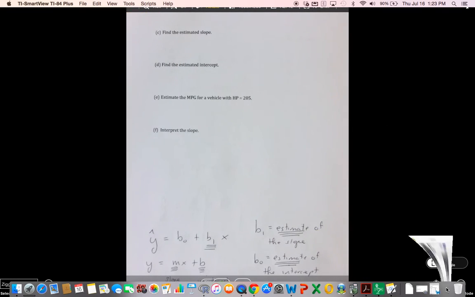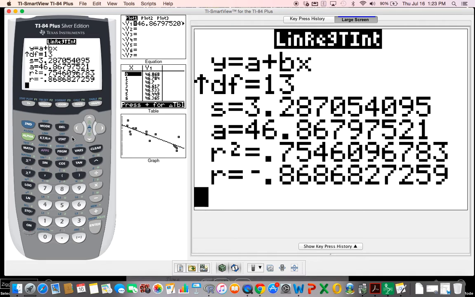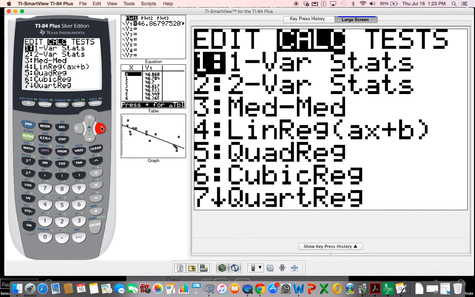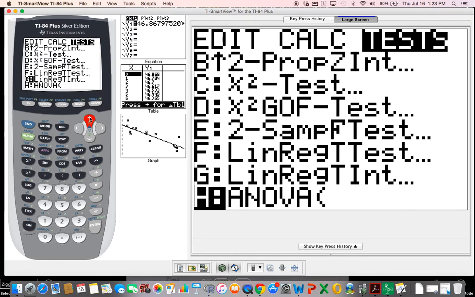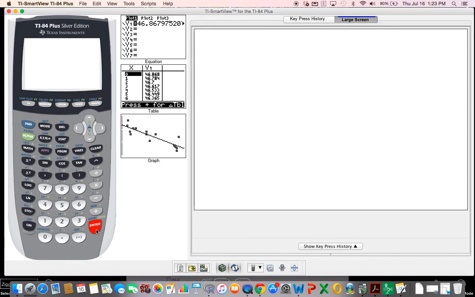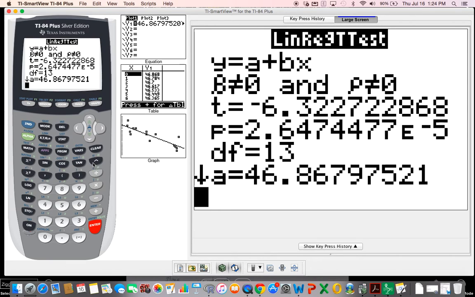Using our calculator, we've got our information. And it turned out that when we did the linear regression t-test before, we had all the answers to our problem on that one particular screen. Guys, if you look at the top, you'll see you have y equals a plus bx.